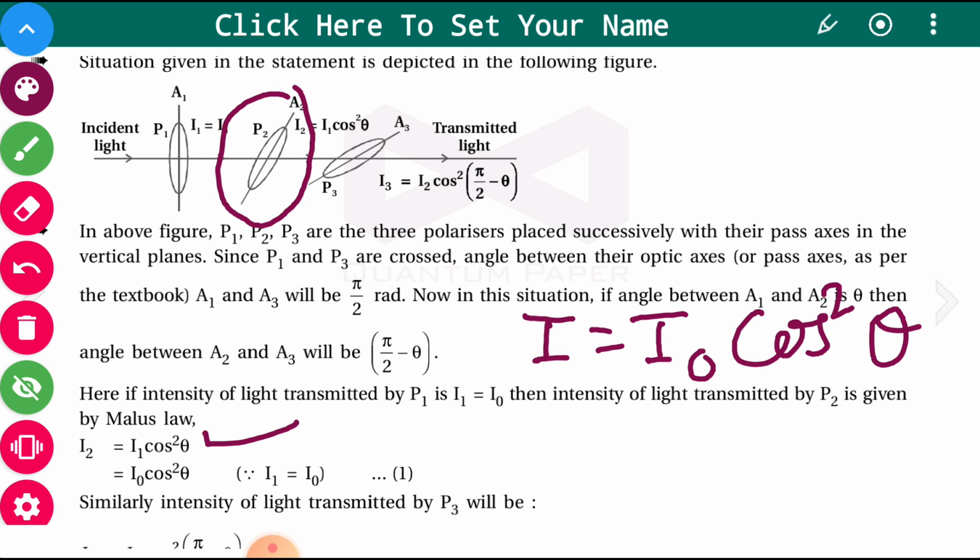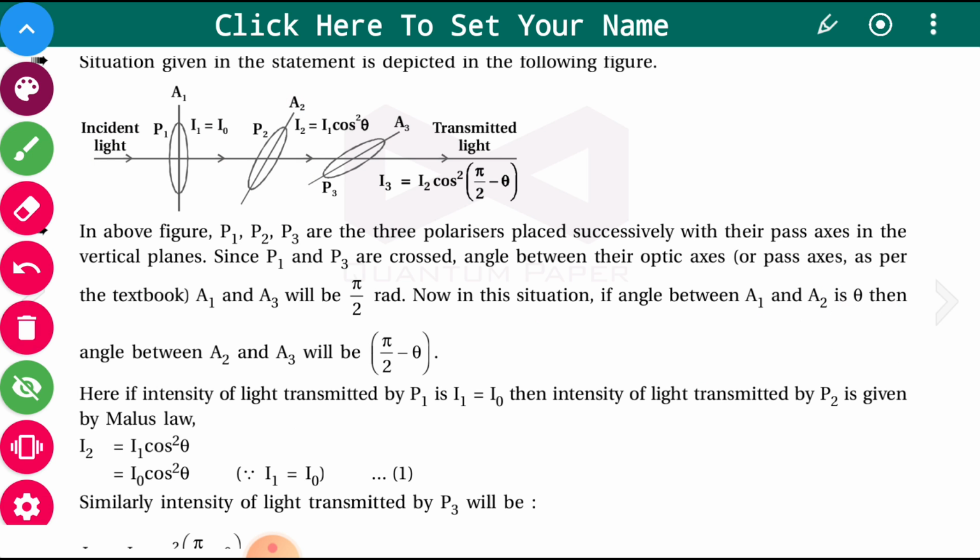Say the intensity of incident light is I0. The intensity of light coming out from the first tourmaline plate or first Polaroid is I1, and this I1 is incident on the second Polaroid.